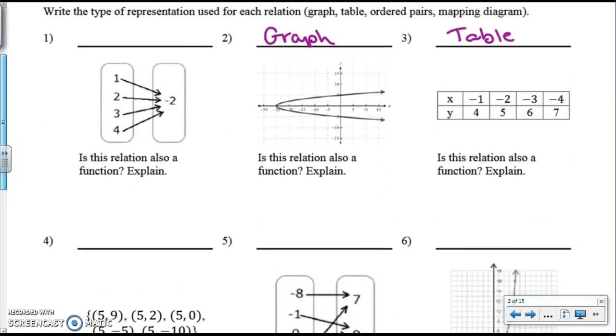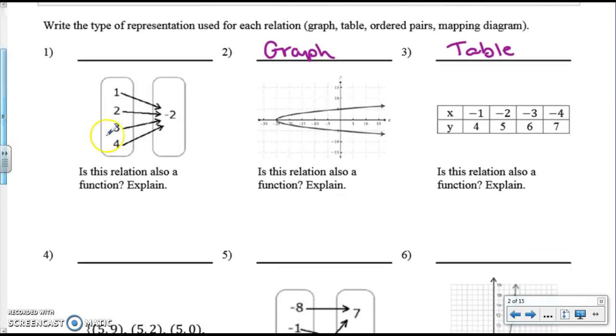The one that you're not used to seeing is this first one, which is actually called a mapping diagram. And what this does is it actually pairs up ordered pairs. So this is telling you your x's and your y's, or your domain and your range, which we'll talk about later on.